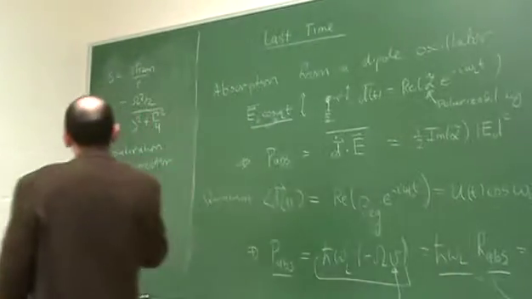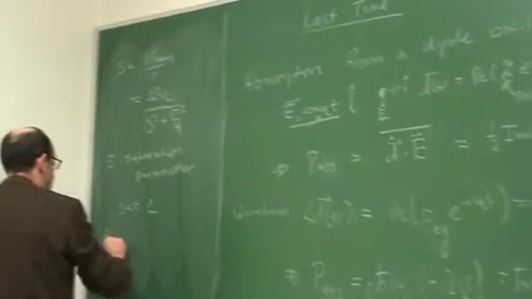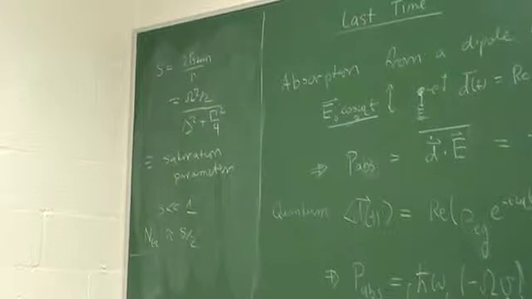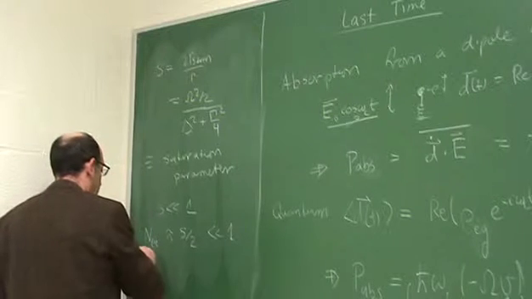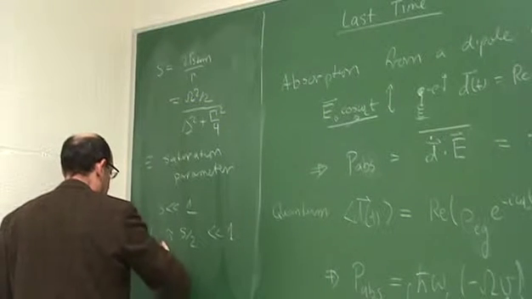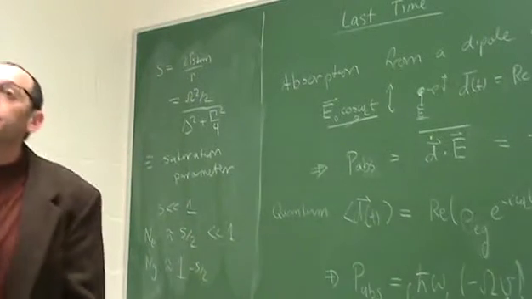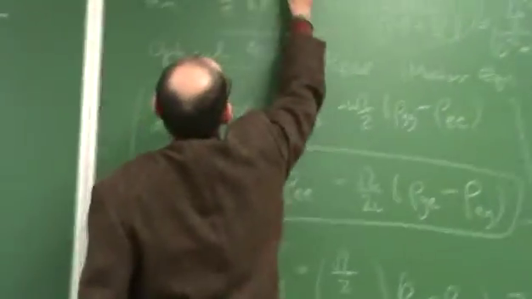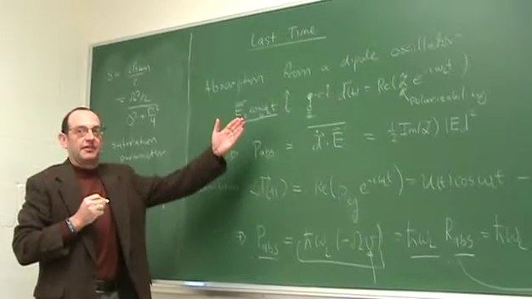When the saturation parameter is small compared to 1, then the population in the excited state is approximately the saturation parameter over 2, which is much, much less than 1. And the population in the ground state then is approximately 1, I mean, it's 1 minus that small amount. So this was the perturbative regime, the regime in which I can think about my atom as a linear response.